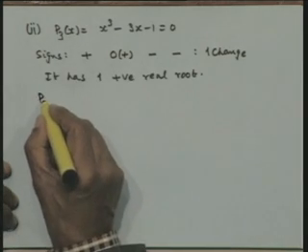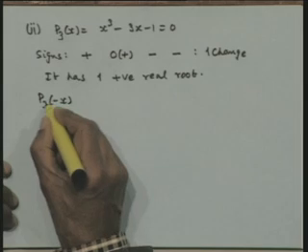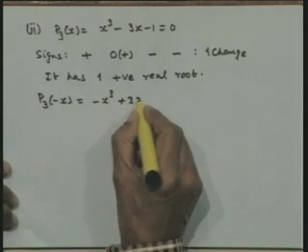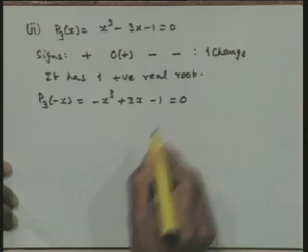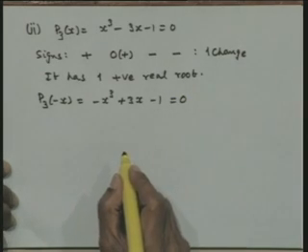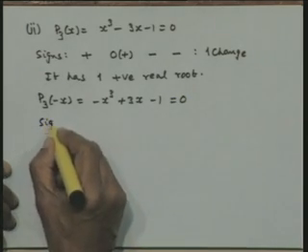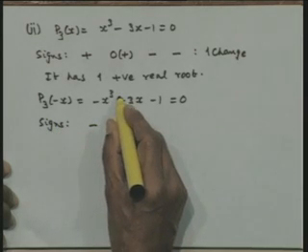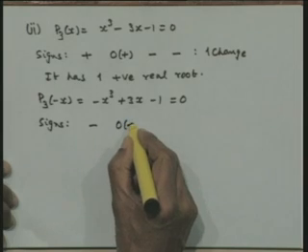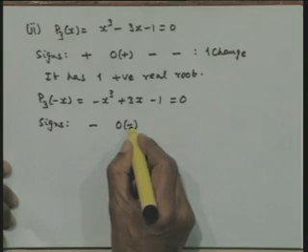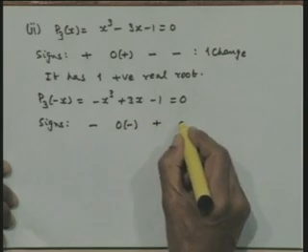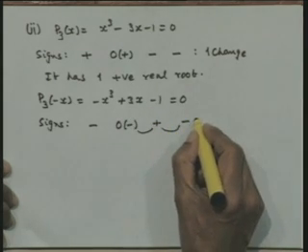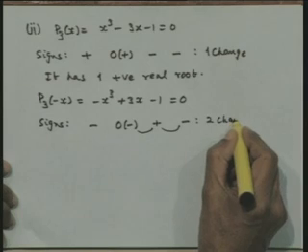Now we consider whether there is any negative root, so I will put x equal to minus x in this, so I will get minus x cubed plus 3x minus 1 is equal to 0. Now I will write down the signs again. This is negative, now x squared is missing, so that will be 0, so negative sign will continue. Then I have a plus sign, I have a negative sign, so I have got two changes in sign here.